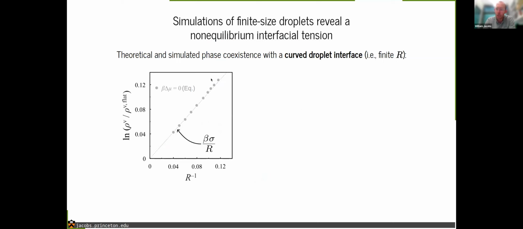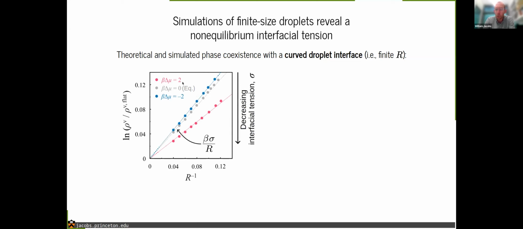So the well-known Young-Laplace equation, or Gibbs-Thomson condition for curved droplets, says that when you have a finite size droplet with radius R, the coexistence condition, so the concentration of molecules outside of the droplet, differs from what you have in the thermodynamic limit due to a pressure difference across the interface. And that's described by this Young-Laplace equation, which has an interfacial tension over R. But because the capillary fluctuations are changing out of equilibrium, this interfacial tension also changes.